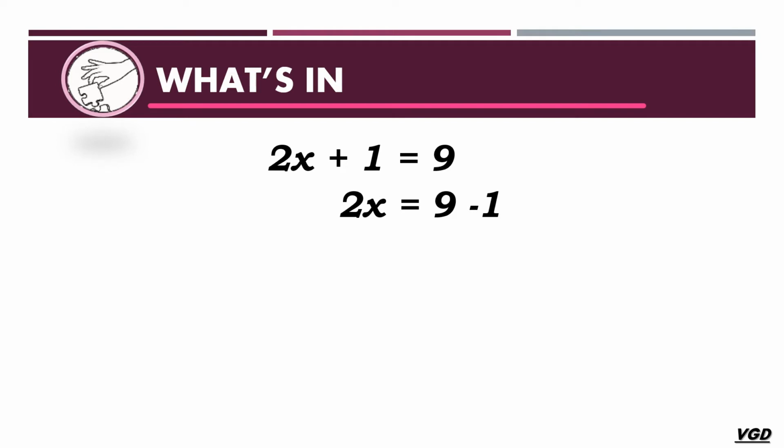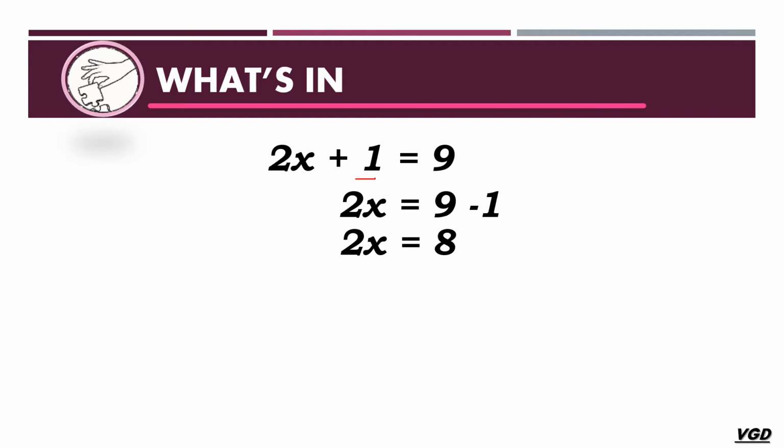So we will get 2x = 9 - 1, or simply transpose, in which since it is positive at the left side, when it is transferred to the other side, it will become negative. That's why we have 2x = 9 - 1, and it is equal to 2x = 8.